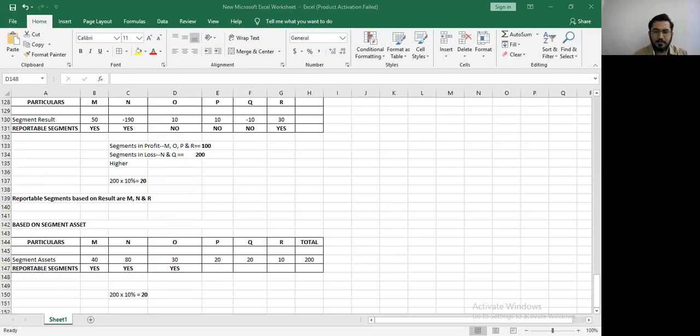Is segment P reportable? Yes, of course. You have 10% or more. Since this is equal to 10%, this is reportable.